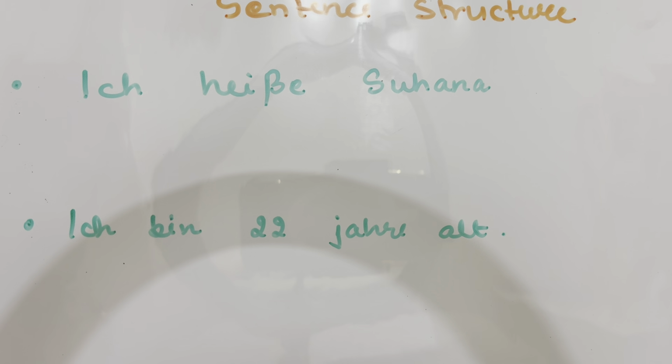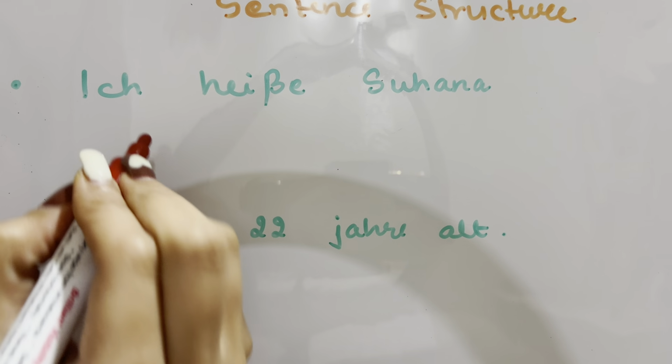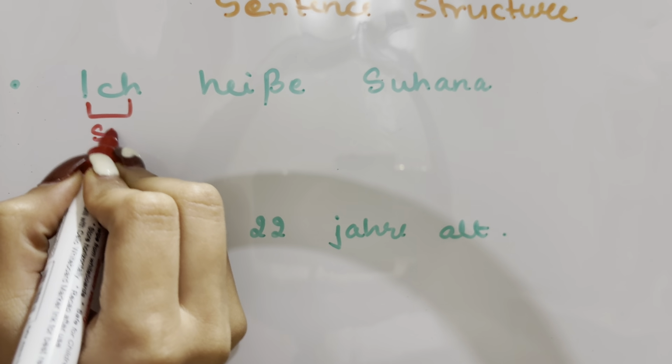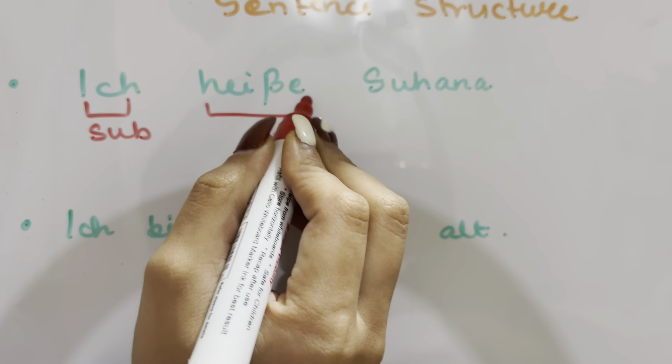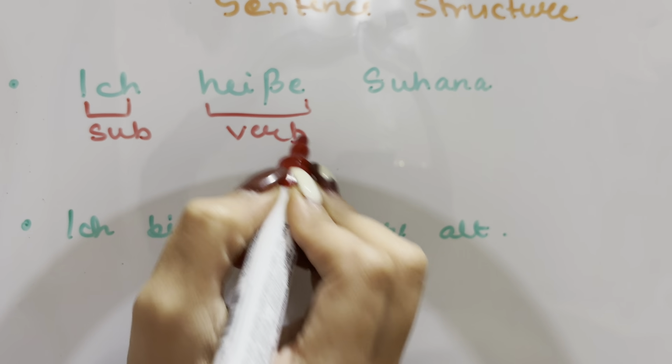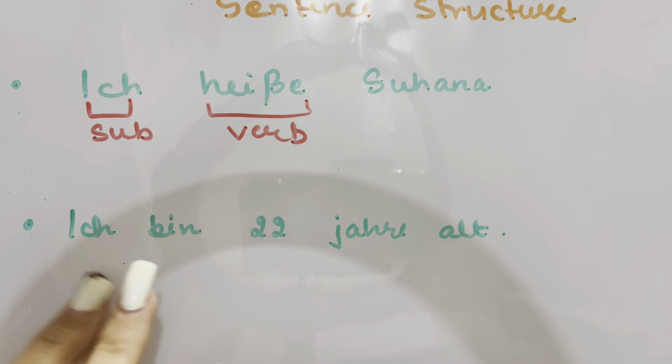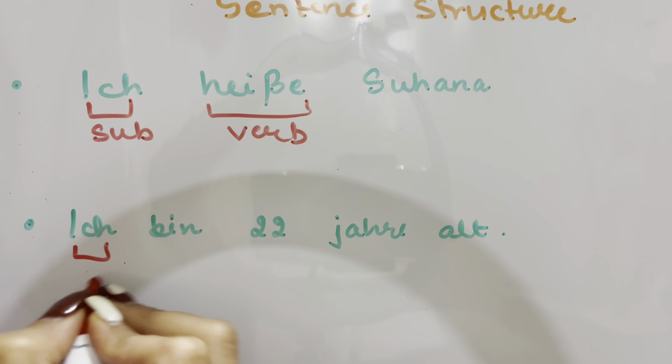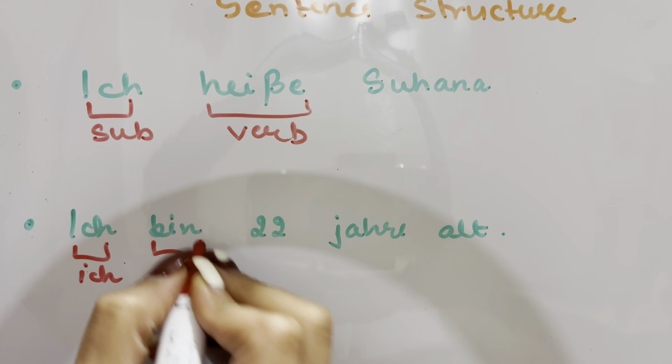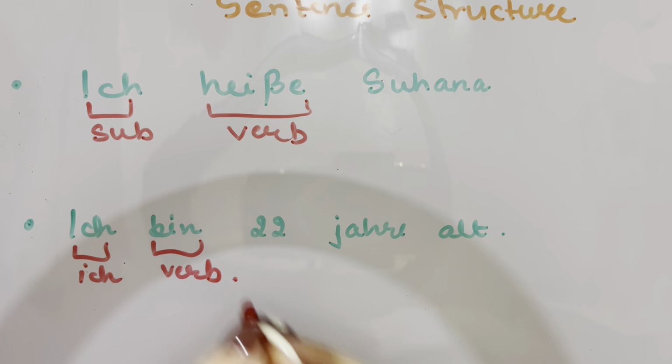These are the two sentences which we are going to use to learn the sentence structure. So first of all, let's have a look at the first sentence. In this sentence, ich is the subject and heiße is the verb. Now, if we look at the second sentence, again, ich is the subject and bin is the verb, right?